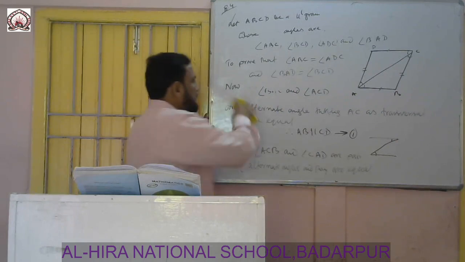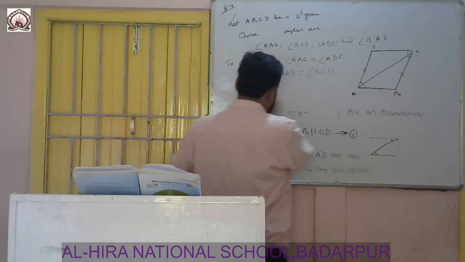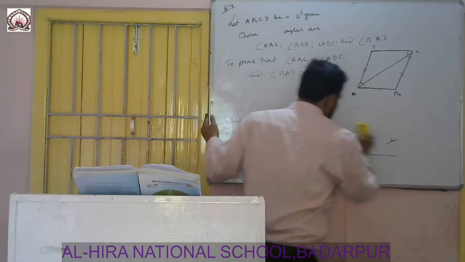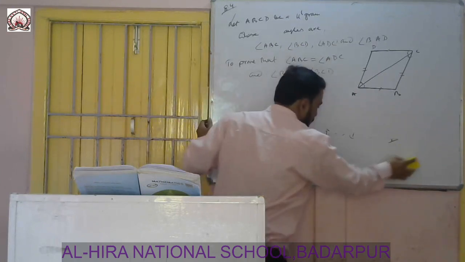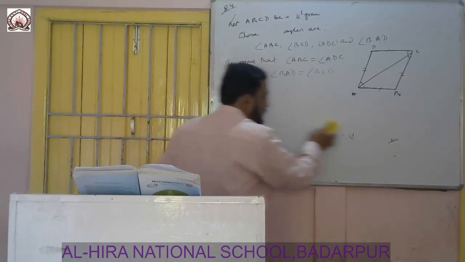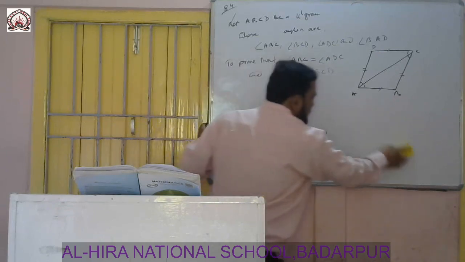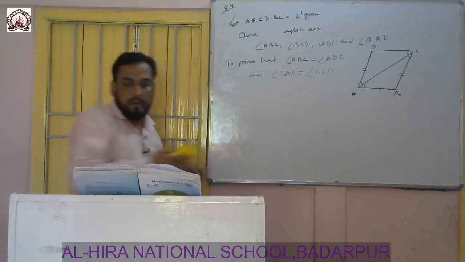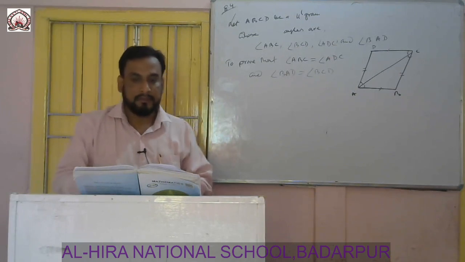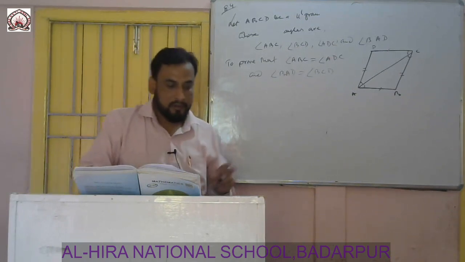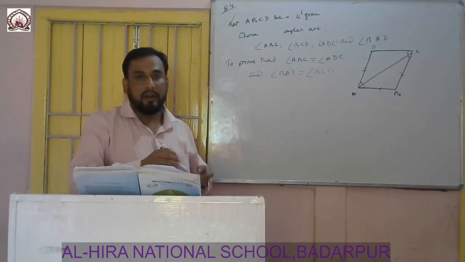Let us prove this one. We are going to prove that in a parallelogram opposite angles are equal. So be with me, just follow the blackboard and try to understand.